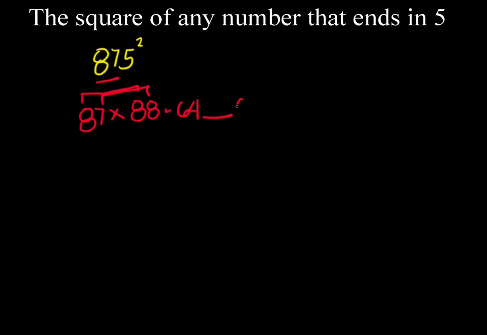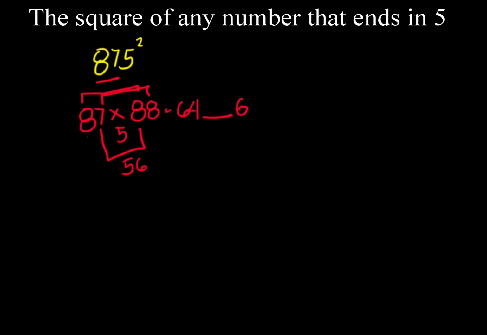We write down the 6 as our last digit. And then for the 5, we bring it down just underneath that multiplication sign. Next step, we multiply your inner to your inner. So 7 times 8 will just give us, again, 56.